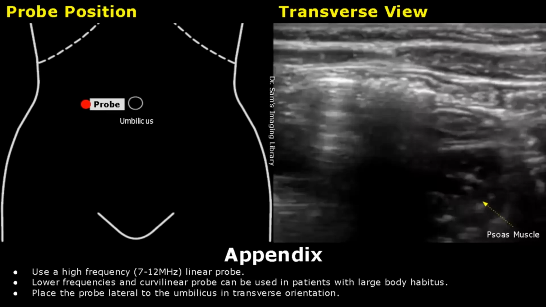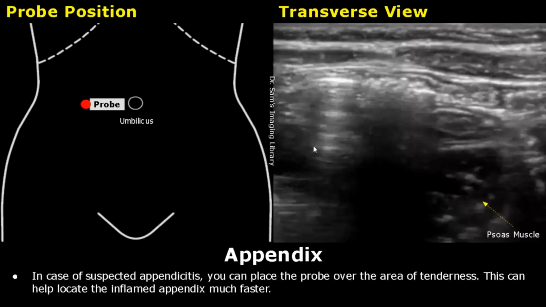In patients with a larger body habitus, use lower frequencies and you can even use a curvilinear probe. You can start by placing the probe lateral to the umbilicus in transverse orientation.